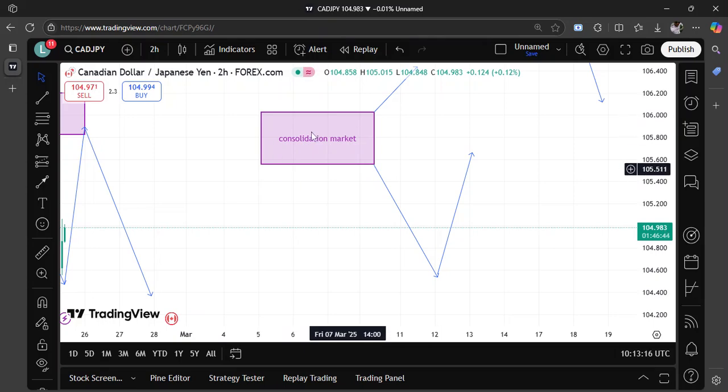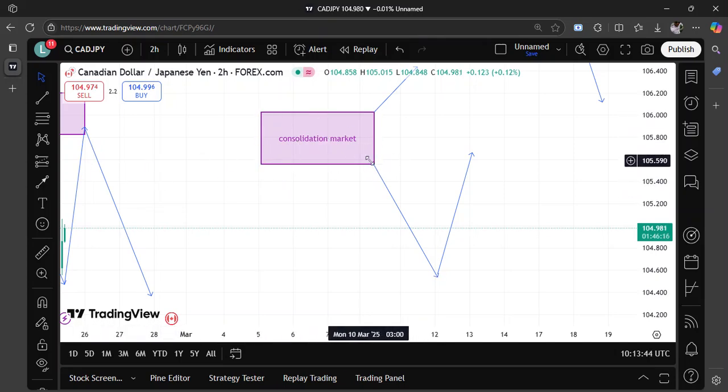This is one of the things that your mentors would never tell you, or if they do teach you, they will charge you 200, 400, $1,000 just to teach this. And I'm going to share this for free. So let's proceed into learning the secrets in a consolidation market, and we'll see some nice examples, not eyesight or cherry-picking. You definitely follow up the chart and see how that plays out.